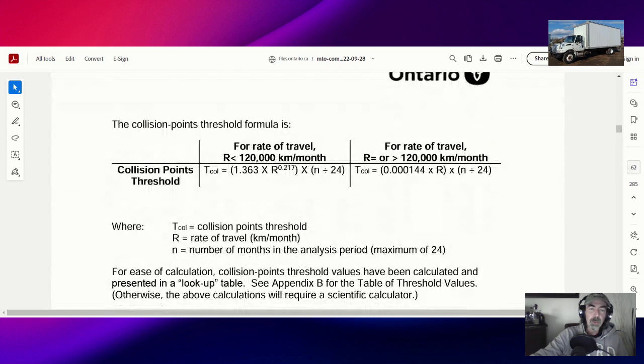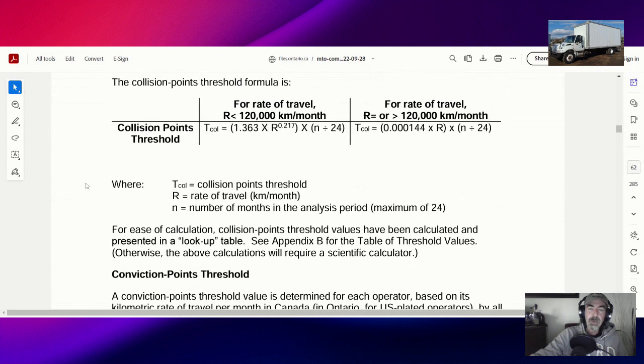The collision points threshold formula is: for the rate of travel, R, less than 120,000 kilometers per month, or for the rate of travel R greater than 120,000 kilometers per month.